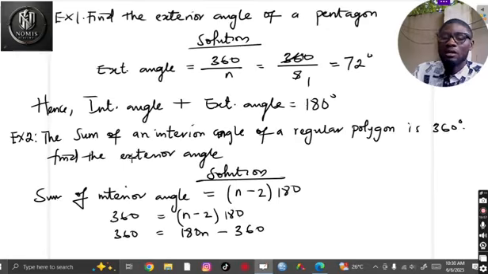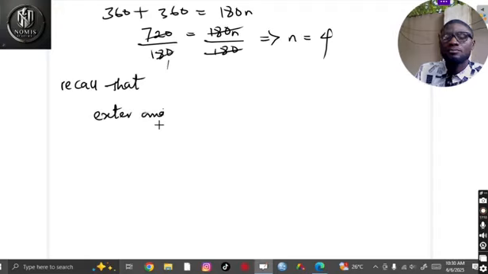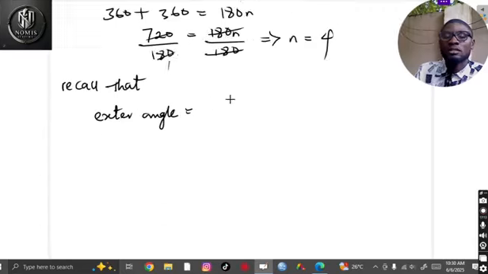Now I can calculate the exterior angle, as the question asks. You should recall that the exterior angle is equal to 360 all over n.